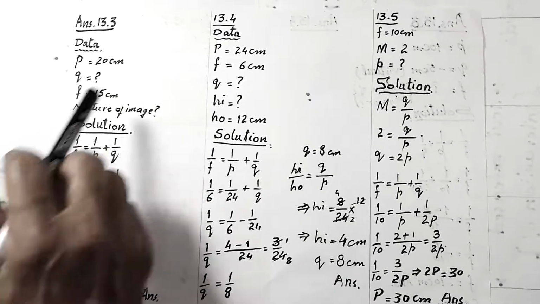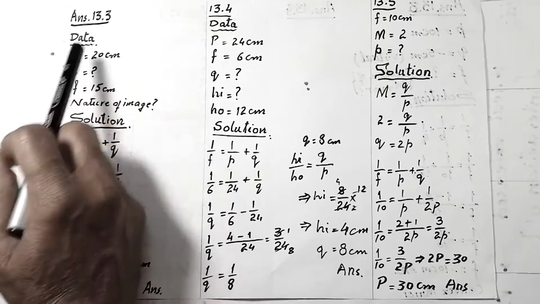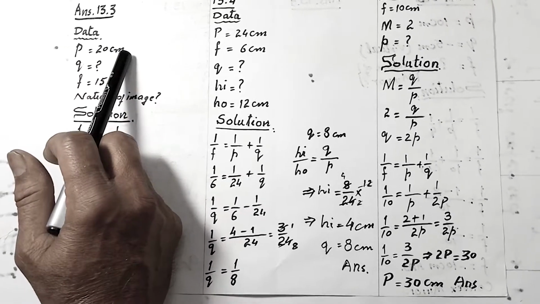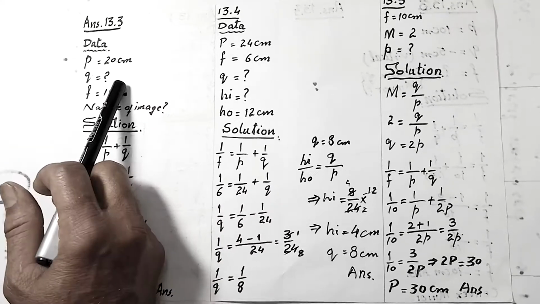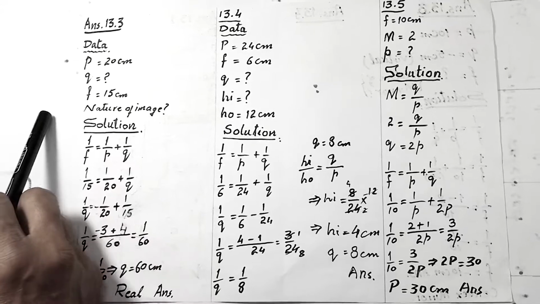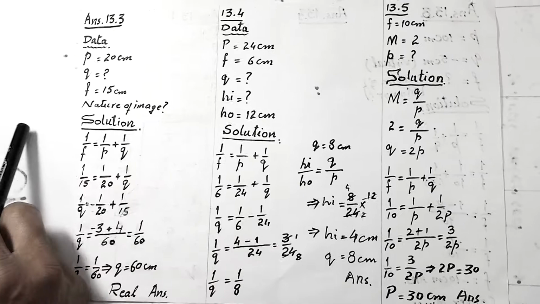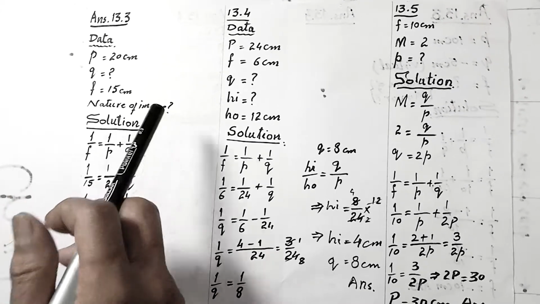Okay, dear student, now problem or numerical 13.3. Its data is P is equal to 20 centimeter, object distance. You have to find out the position of the image, which is Q, and focal length F is equal to 15 centimeter. And second thing, we have to find the nature of the image.